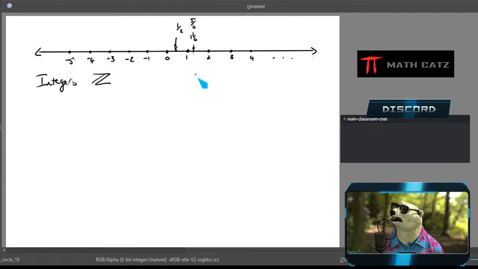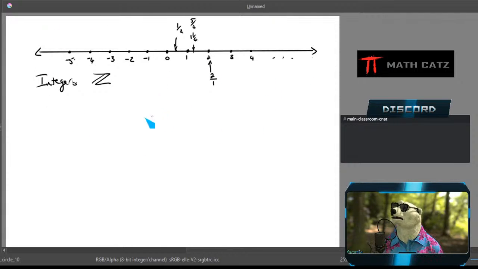So the fractions, so if I notice here that an integer like 2 is also a part of the fraction family because any one of this larger family can be represented with a numerator and denominator. So we've extended the collection of numbers that I have.